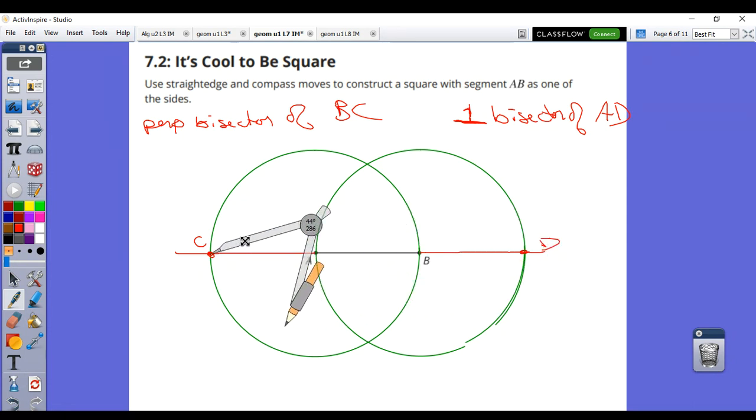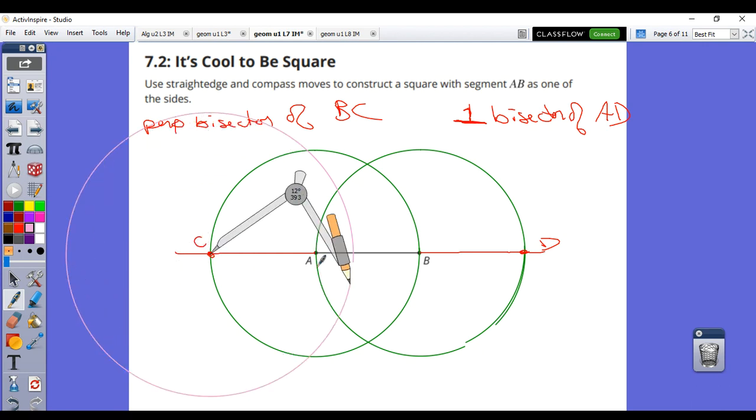So I am going to have to make my compass a little bit wider because it only goes to A. I'm going to change the color to a light pink and make it a little bit bigger. And I'm going to make that circle. There we go.